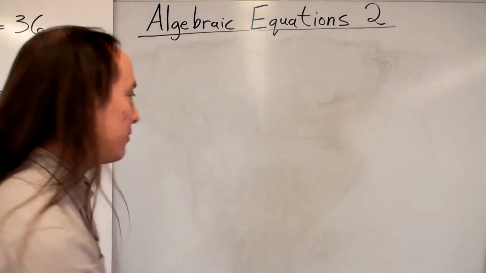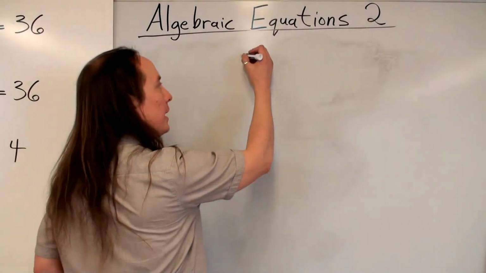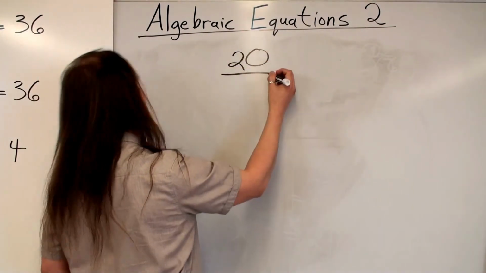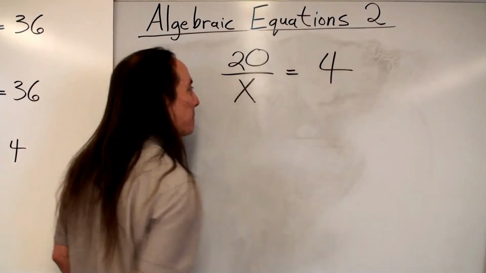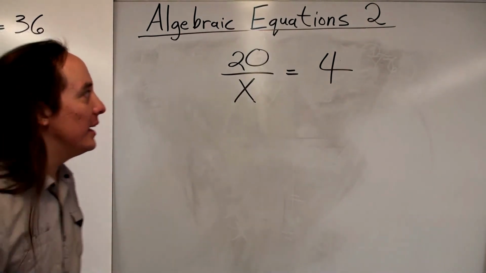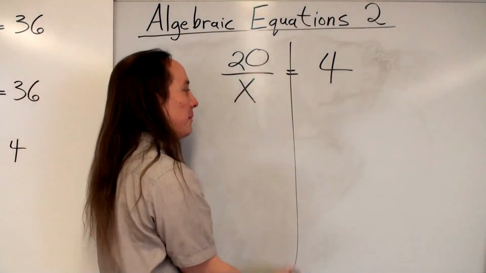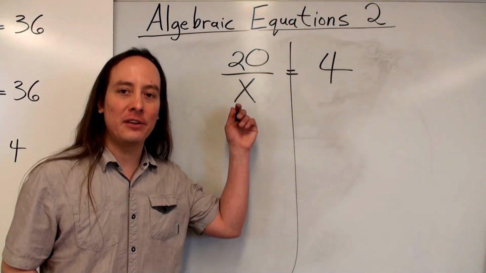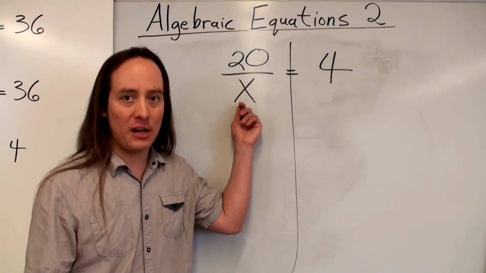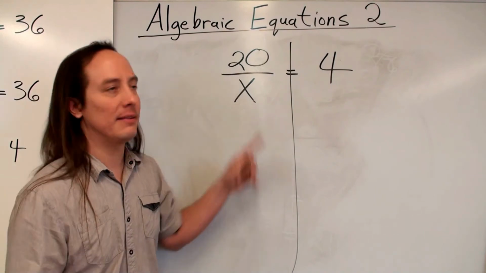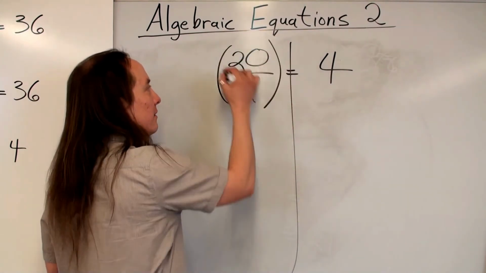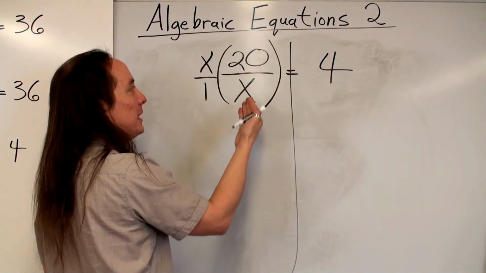So the last one we had was 20 over x is equal to 4. All right, so again, there's a fraction. Well, hang on, first step. If there's a fraction, I can get rid of the denominator by multiplying by that denominator. So to get rid of this fraction, I should multiply by this number, x. It's okay if you don't know what it is, but you have something to be like a placeholder.